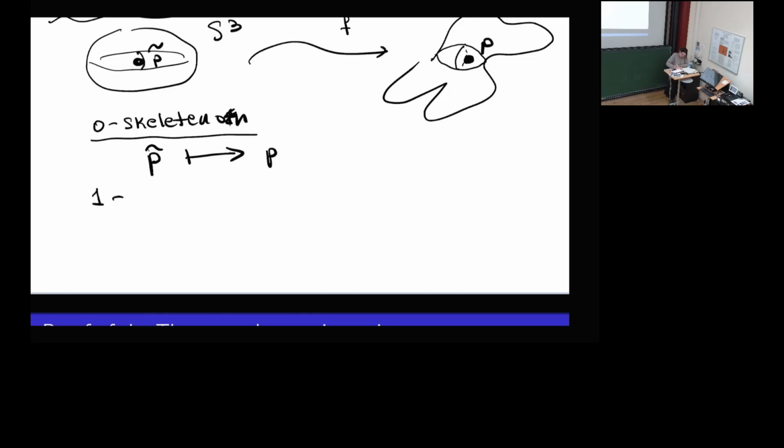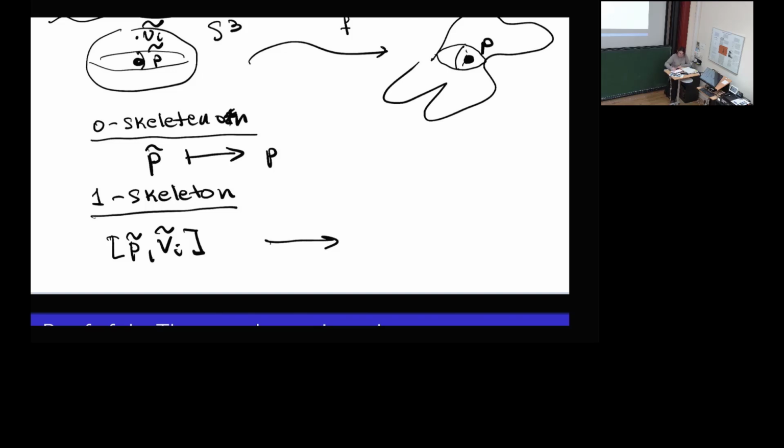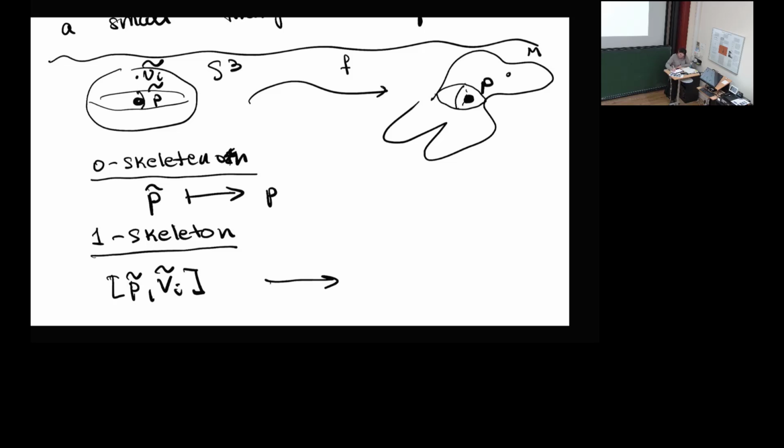Now we're going to go to the one skeleton. Here we have edges of the form E_i. Where are we going to map it? To a minimizing geodesic.